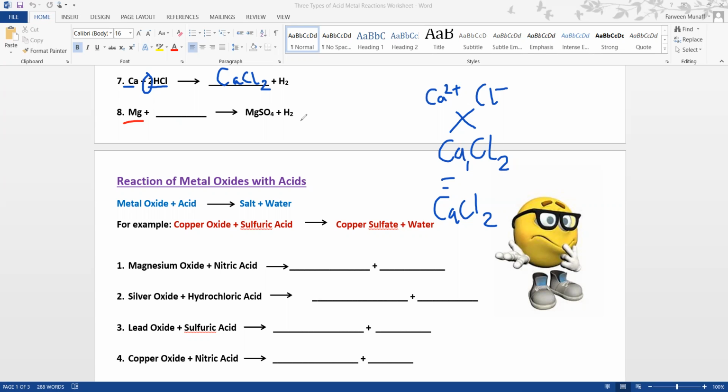So you can have a look at your valency table. Excellent, good work.